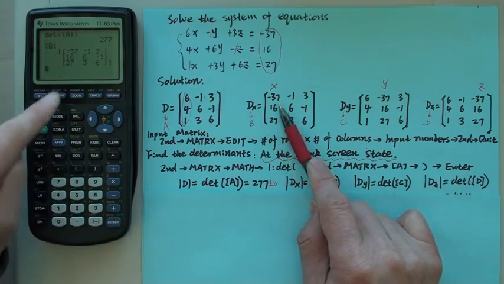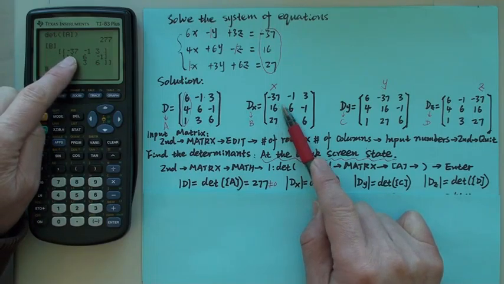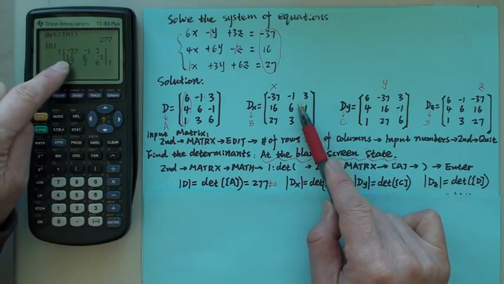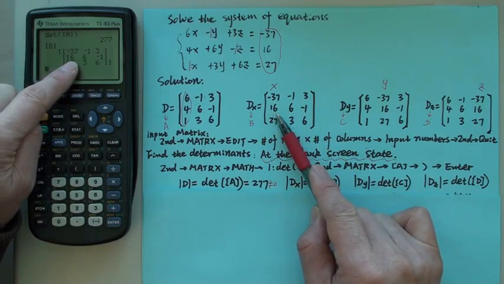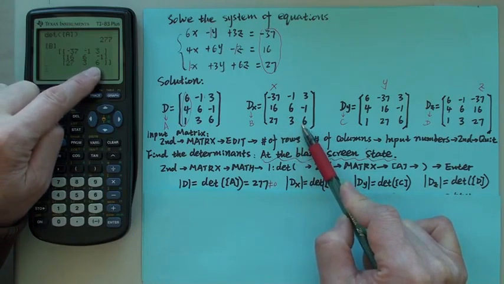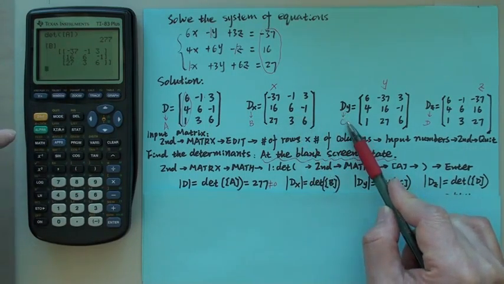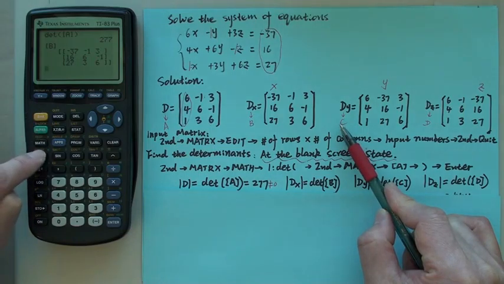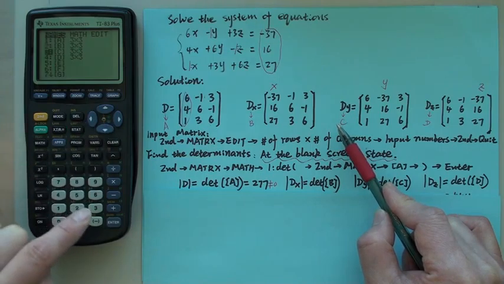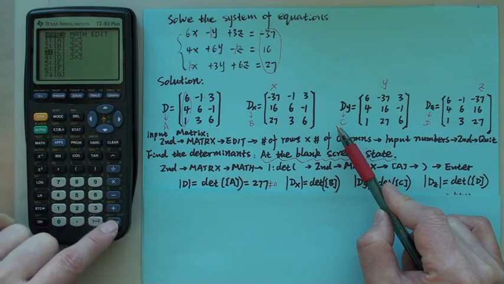You see that's negative 37, negative 1, 3; 16, 6, negative 1; 27, 3, 6. You may also find C: second, matrix, move the cursor down, or hit 3.